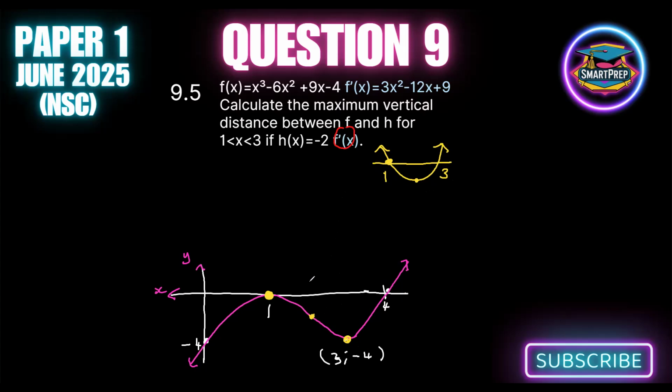Now, what we notice here is, look at the slope. It's going positive, positive, positive, positive. And that makes sense because this is above the x-axis. Now it goes negative, negative, negative. It's going downwards. And that represents this part here.